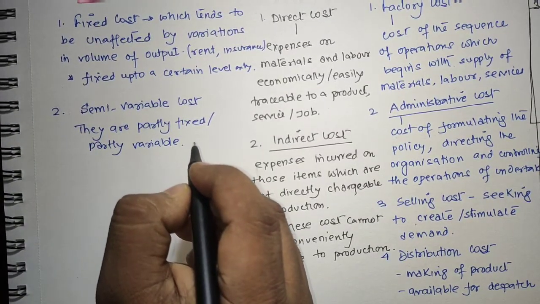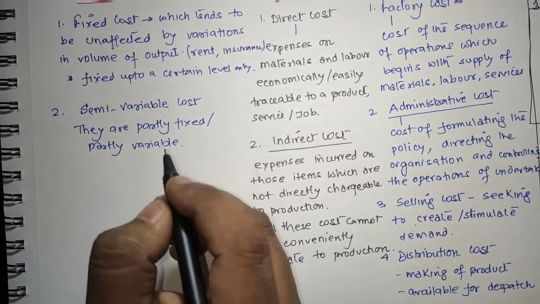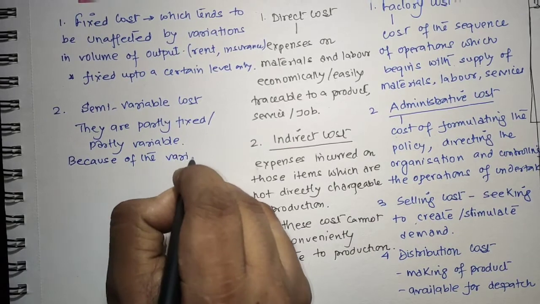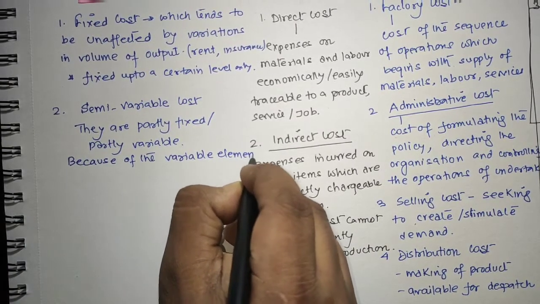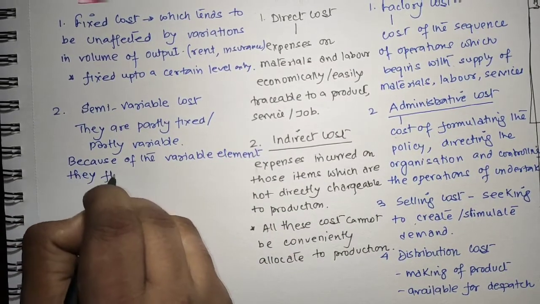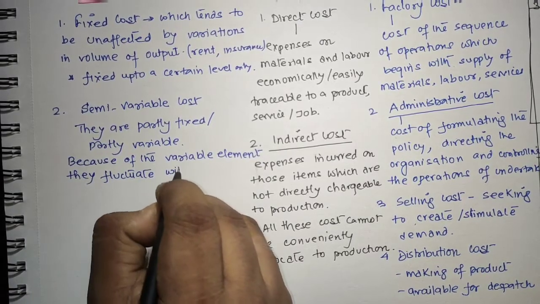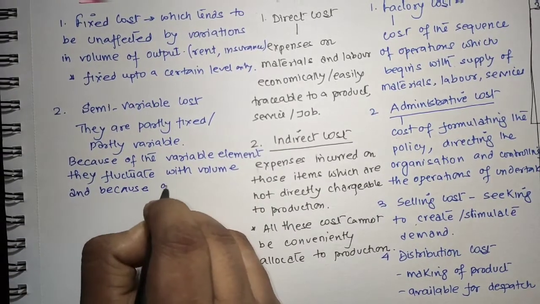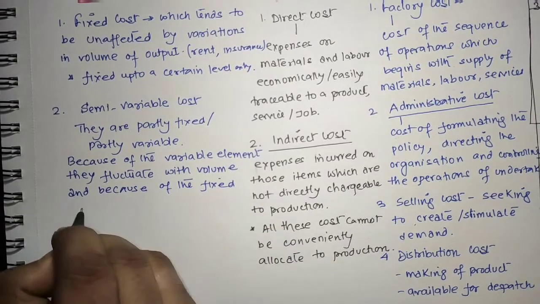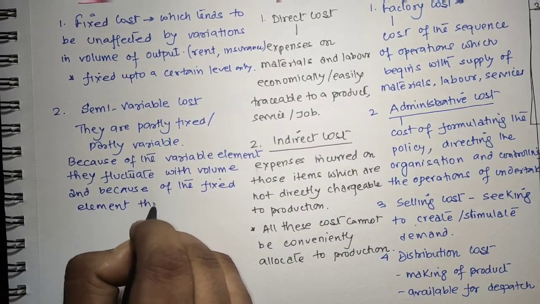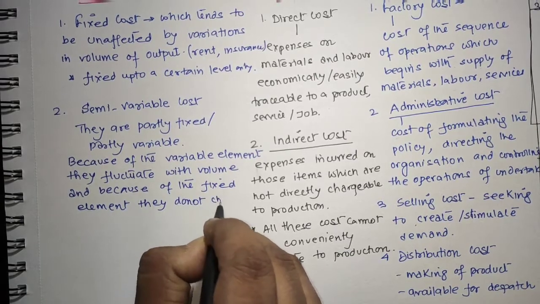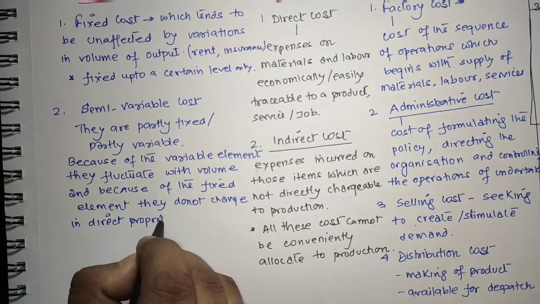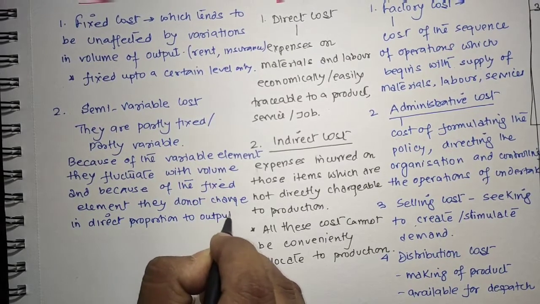Because of the variable element, they fluctuate with volume, and because of the fixed element, they do not change in direct proportion to output.